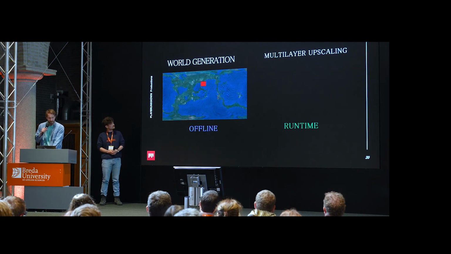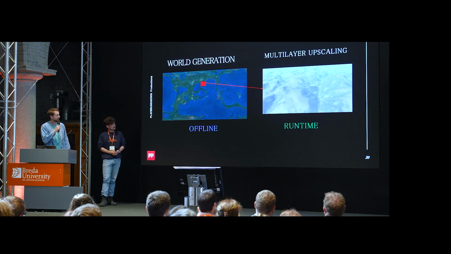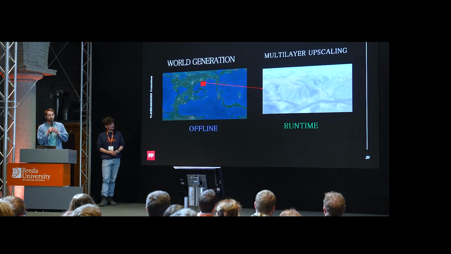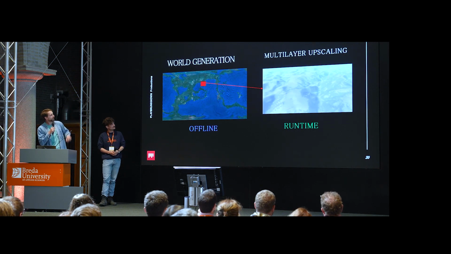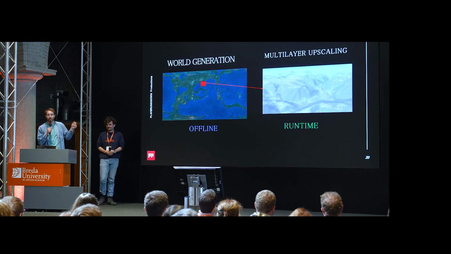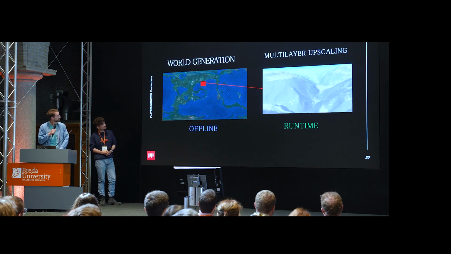And when the player goes onto the planet into some small region, we run what we call multi-layer upscaling, which is a machine learning model which runs at runtime in the engine, each frame. And you can kind of see little flickers there, which is the upscaling happening at each step, which is doubling the resolution.